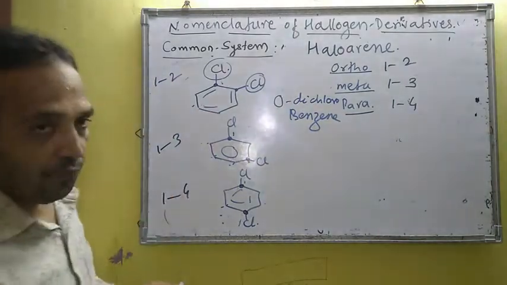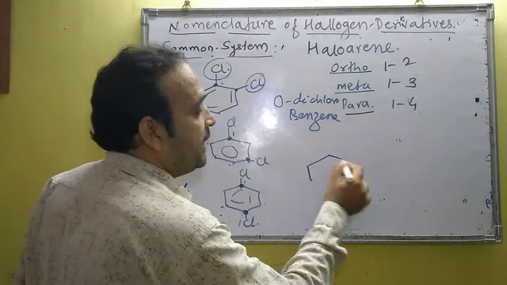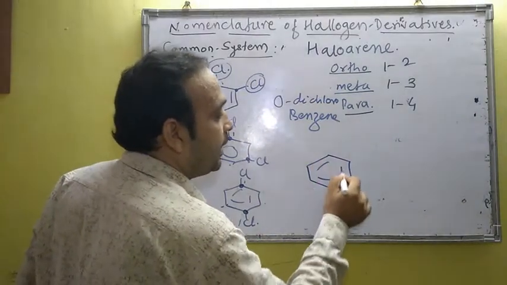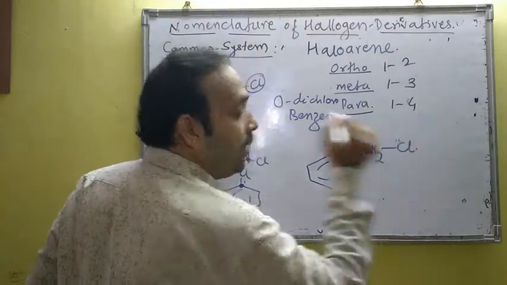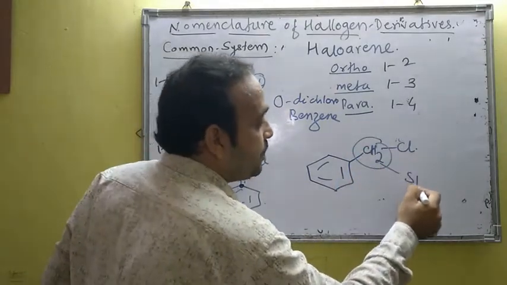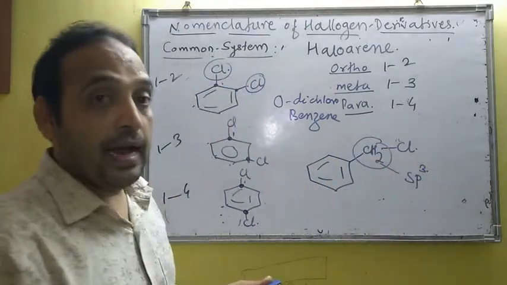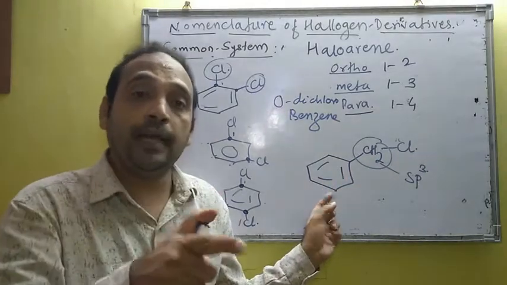Now a final example in case of the common system. I am writing a benzene ring, and to that benzene ring attach CH2-Cl. We have studied this carbon is an sp3 carbon, and this sp3 carbon is directly bonded to a benzene ring, an aromatic compound.